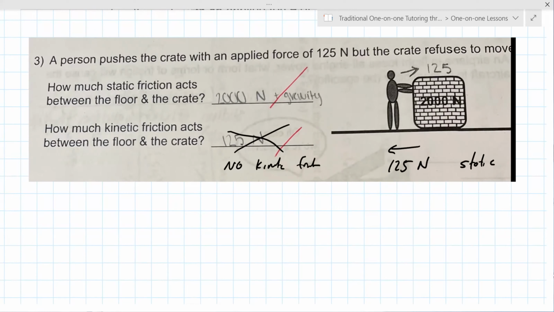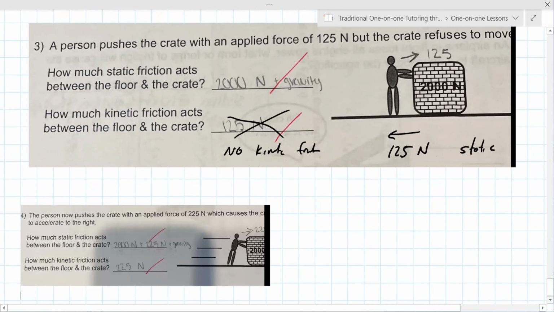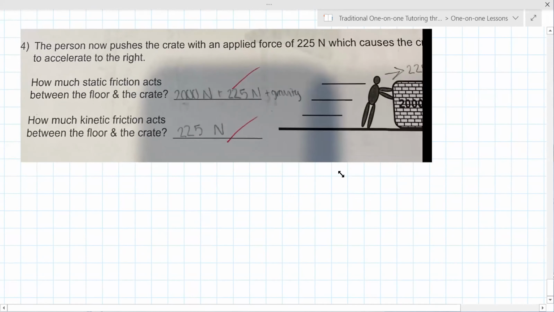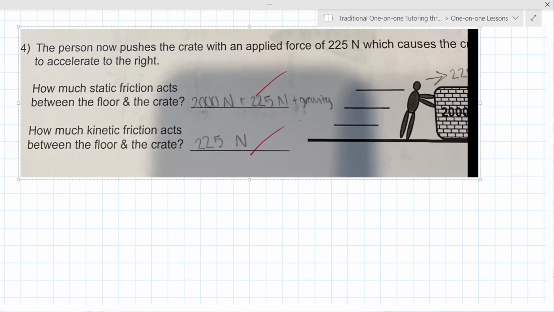Right, and then the next scenario is it starts moving. Since it's starting to move, or is moving, that means something has been broken. Like the static friction is broken. That's why you're able to move it, because there still is friction pushing back.